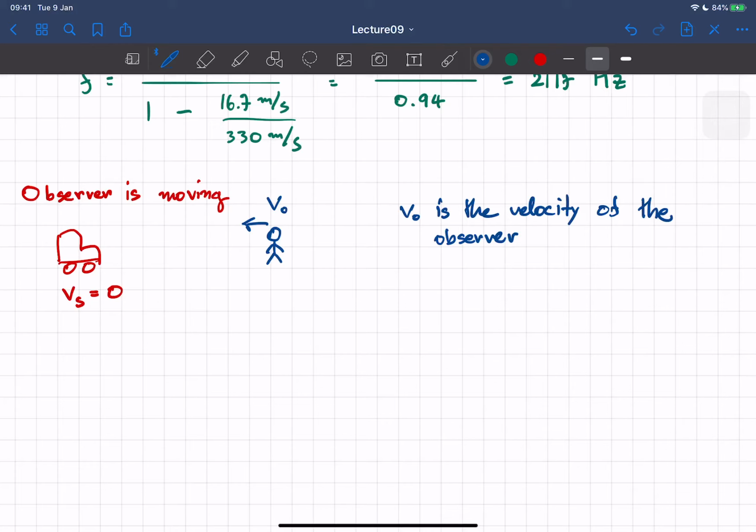It's a little bit subtle in the sense that you have to look at whether the observer is moving relative to the air itself or not.